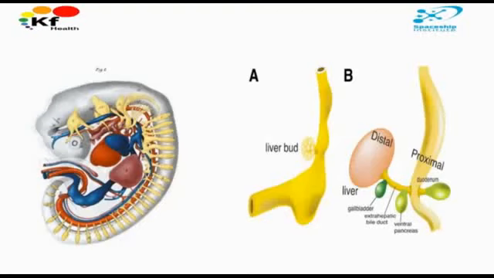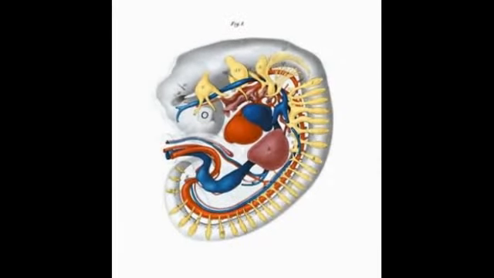From the beginning, you see on the embryo that the shape of the heart and the shape of the liver are so similar.